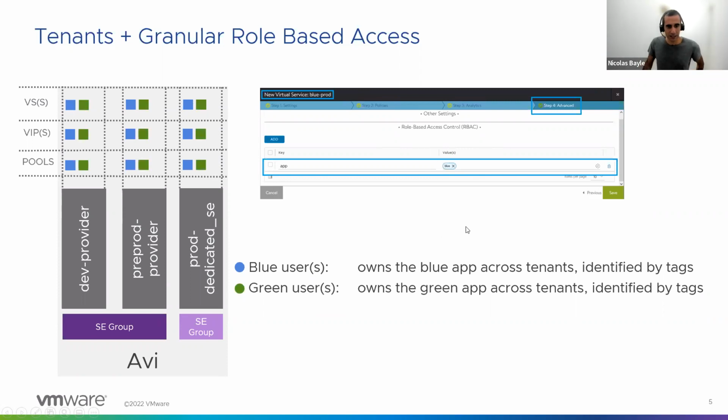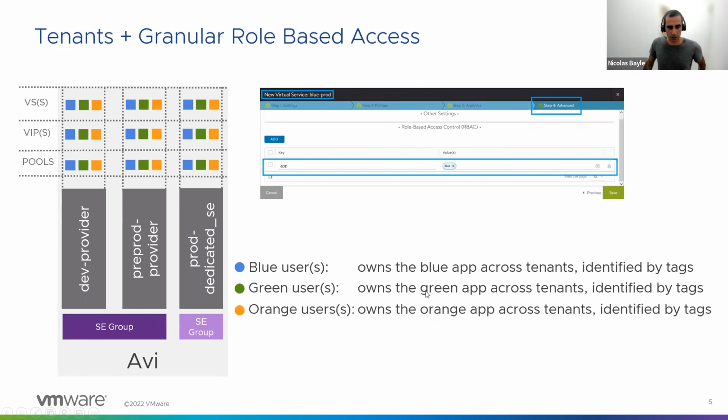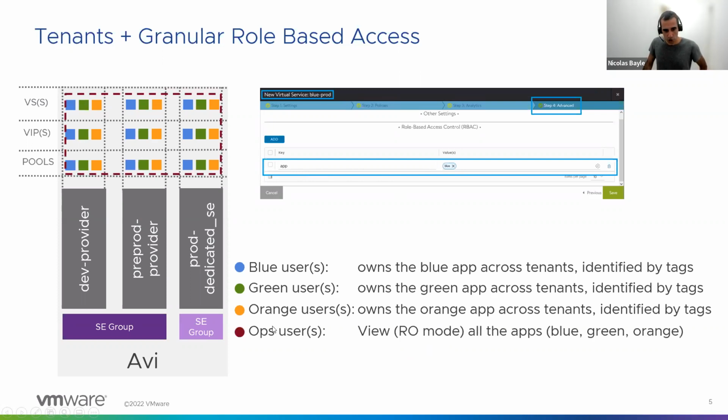I will create exactly the same, and same for the orange one here. And at the end, you also have the operations team, the ops. Those guys want to see everything. Probably they don't want the capability to edit or change the configuration, but at least they want to see the blue, the green, and the orange applications. So for those guys, you will say, I want to make sure they view all the applications in read-only mode.